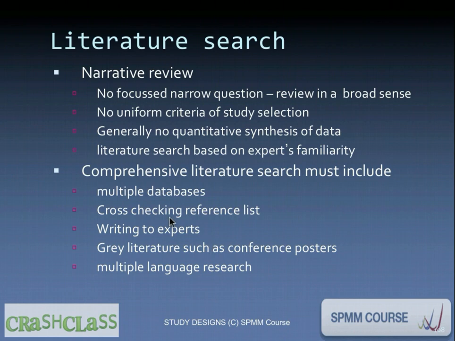But in a systematic review, we generally do a comprehensive literature search, which includes searching multiple databases, cross-checking list of references, writing to experts, looking at gray literature such as conference papers, and doing multiple language research search. So we can cover a wide variety of published and unpublished literature. So comprehensive literature search is very important for systematic review.